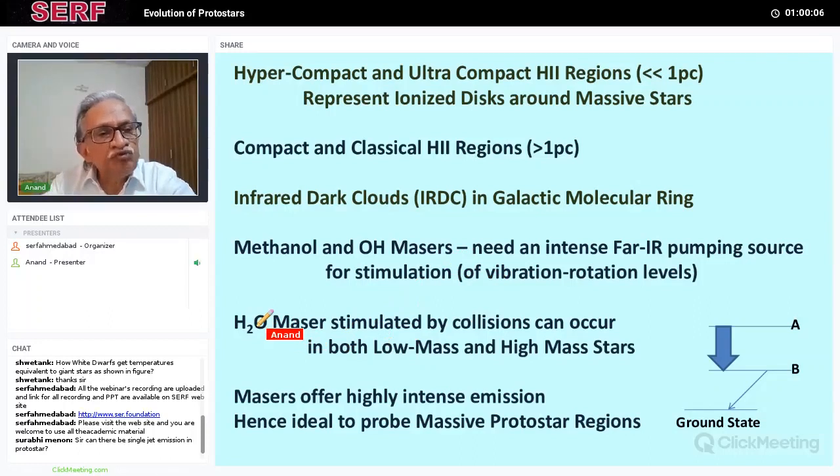Whereas the H2O maser can be caused by collisions. So you can collisionally excite this level here because the densities are high. So H2O masers can be seen even in the low mass stars, but not methanol and OH. Therefore, if you look for methanol and OH masers, then you have your massive protostars observed.